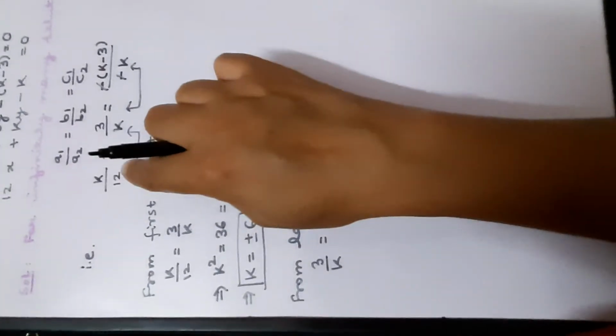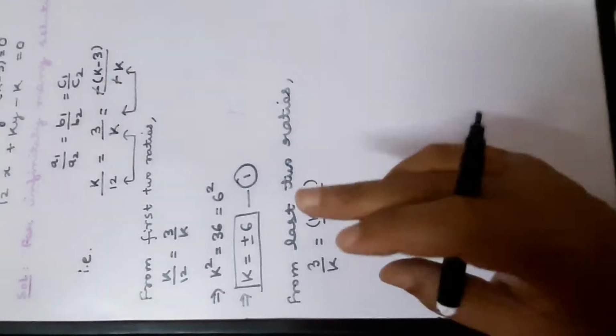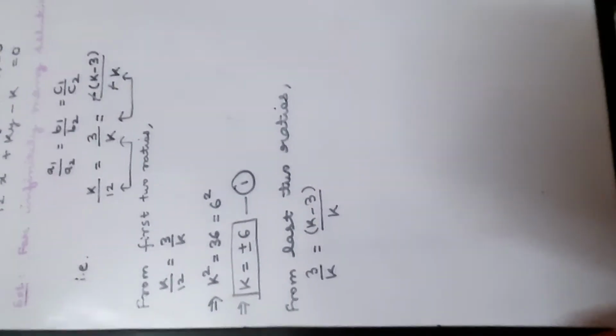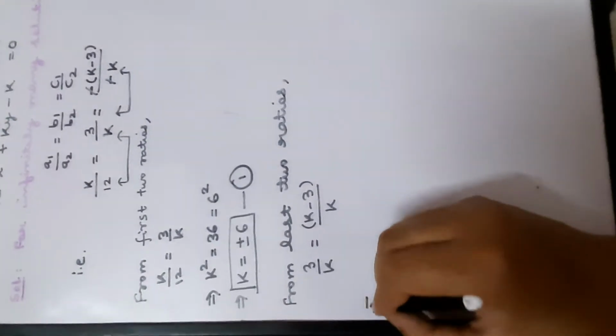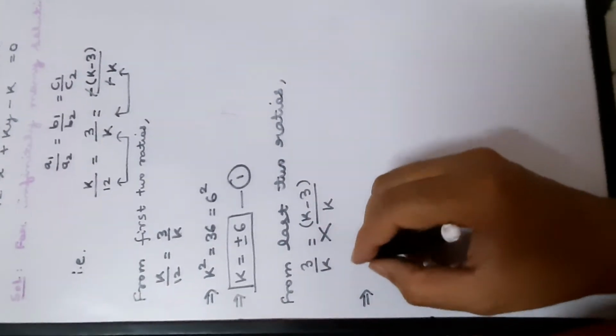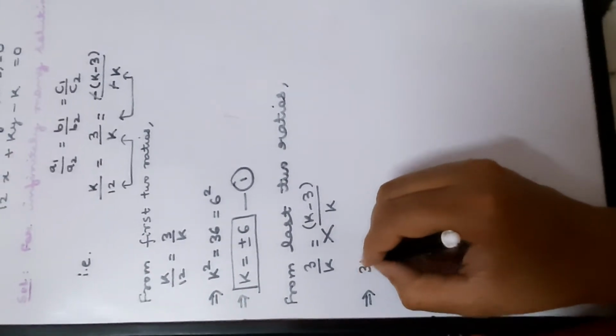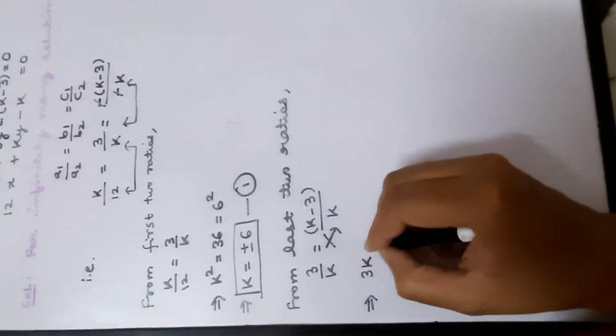You could have taken the first and the last as well. It's your wish. Because when I say x equal y equal z, then pairwise two at a time are also equal. So I have taken the last two. Again cross multiplying. 3 into k is 3k.